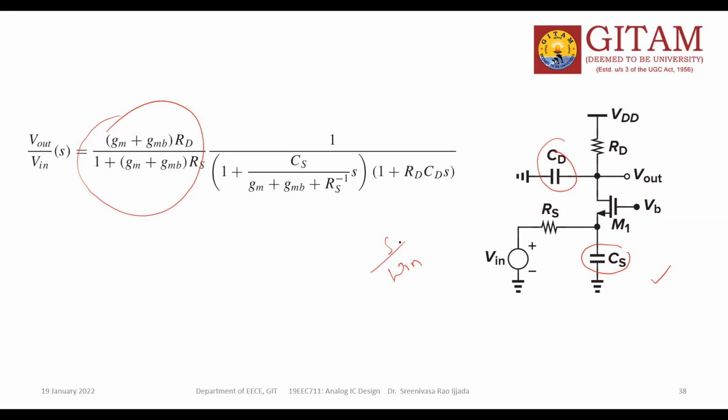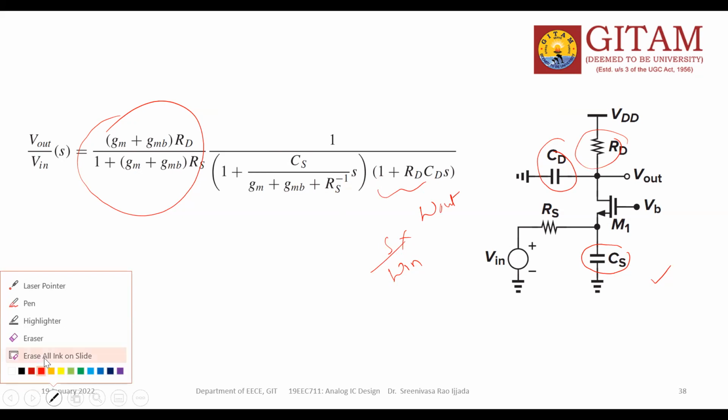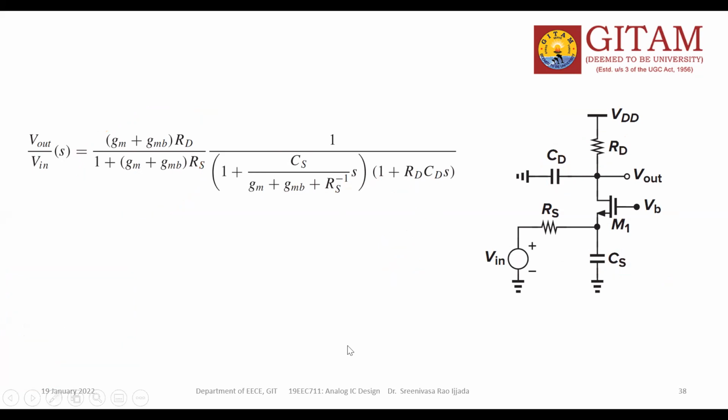In place of omega in, you will get CS by gm plus gmb plus 1 by RS. Similarly, the output pole is 1 plus RD CD. So these are the two poles for this circuit.